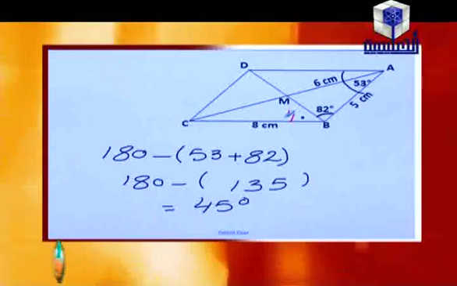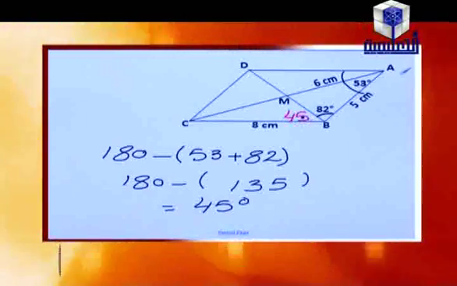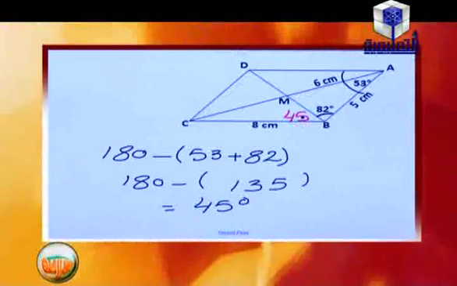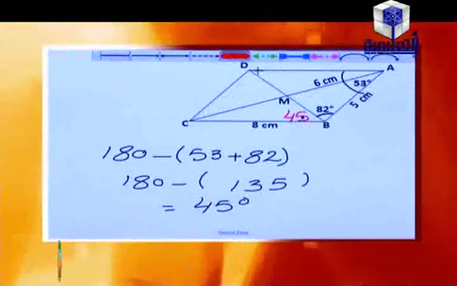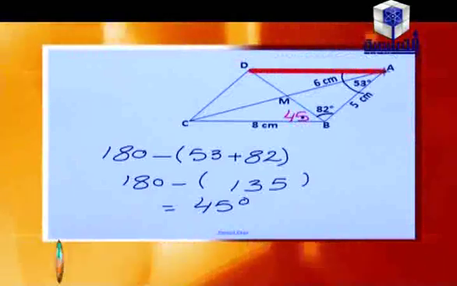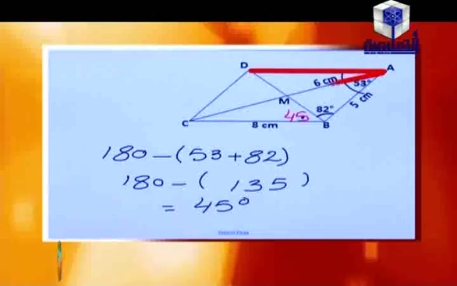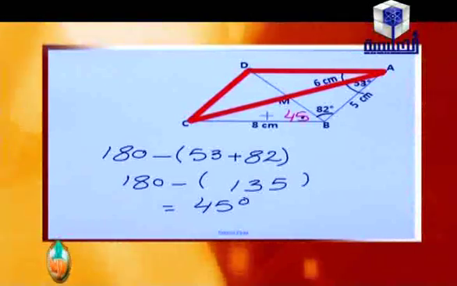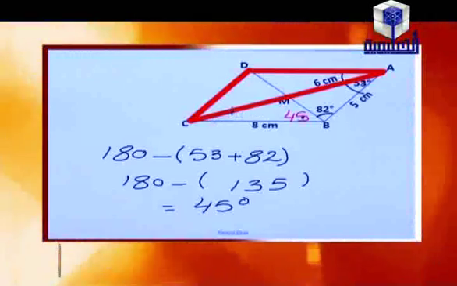And the perimeter of the triangle ADC. Then we make lines here to show the perimeter of the triangle ADC. We want to find the perimeter of this triangle.